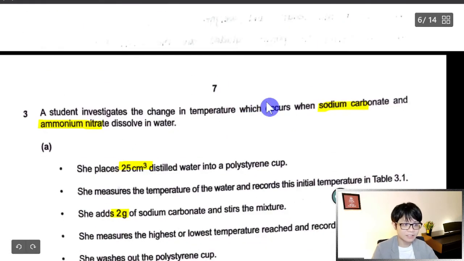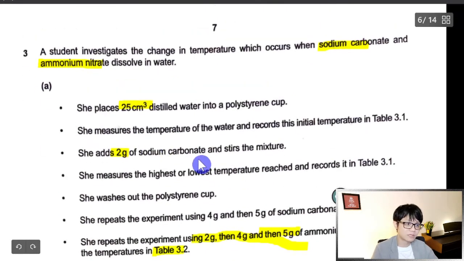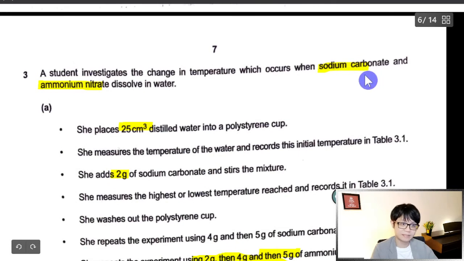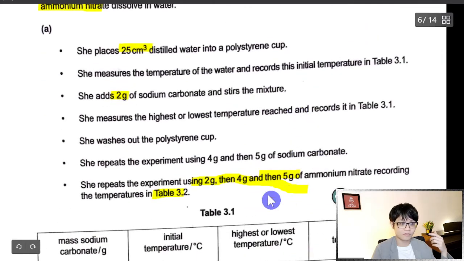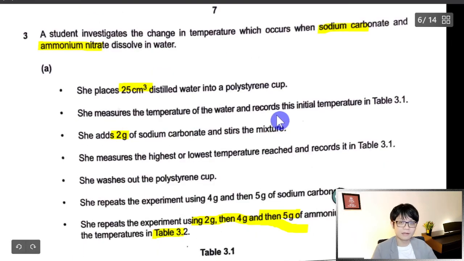He didn't mention the hypothesis, but probably the hypothesis is that temperature will increase when sodium carbonate is mixed with ammonium nitrate. That's the first hypothesis. The second hypothesis, probably I think, will be if more mass is added, more reactant of ammonium nitrate, the reaction will give a higher temperature.